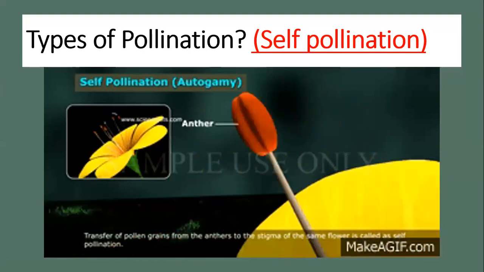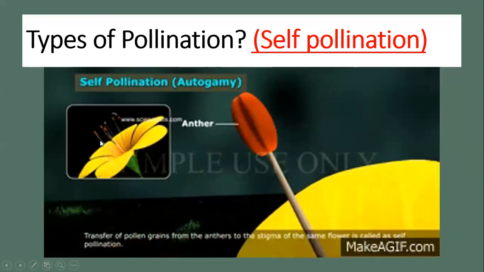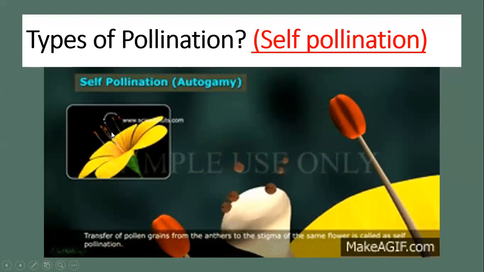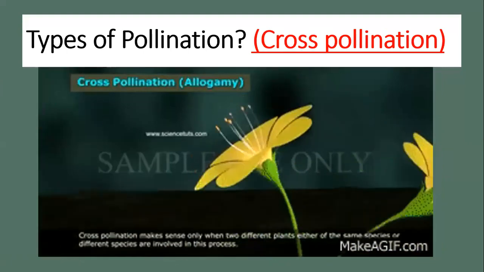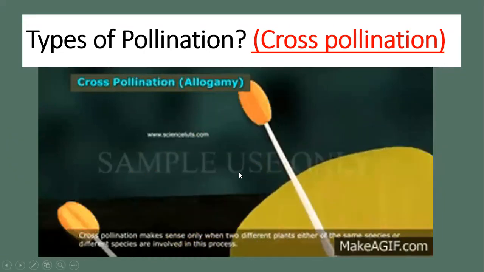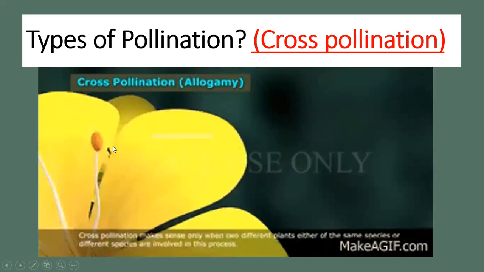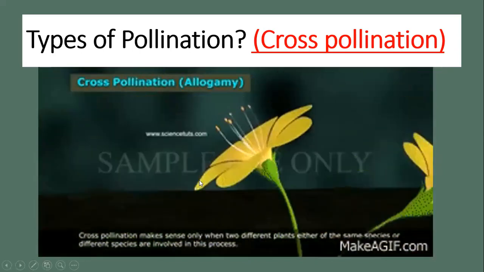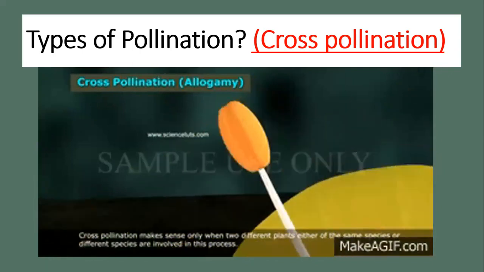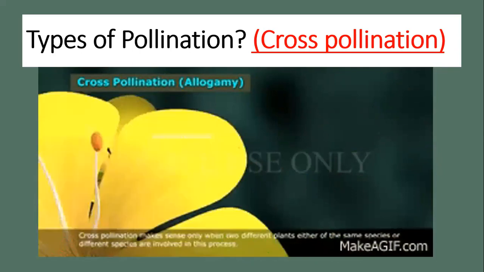So when pollen grains go to the stigma in the same flower, this is called self-pollination. But when pollen grains are going from a flower to the stigma of another flower of the same kind of plant, this is called cross-pollination. So we have two types of pollination.